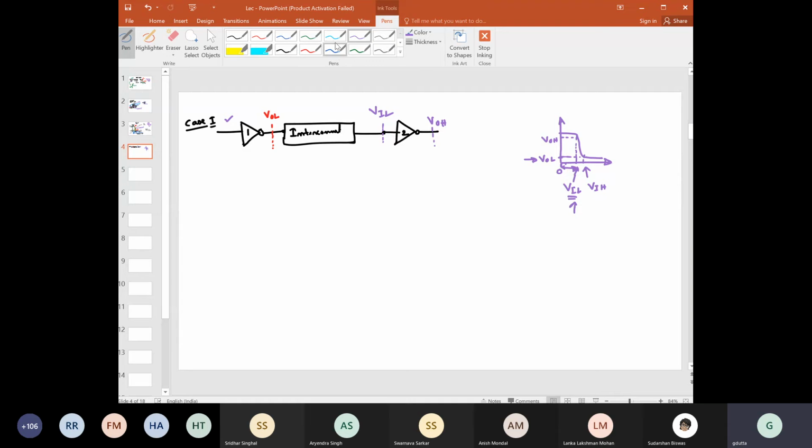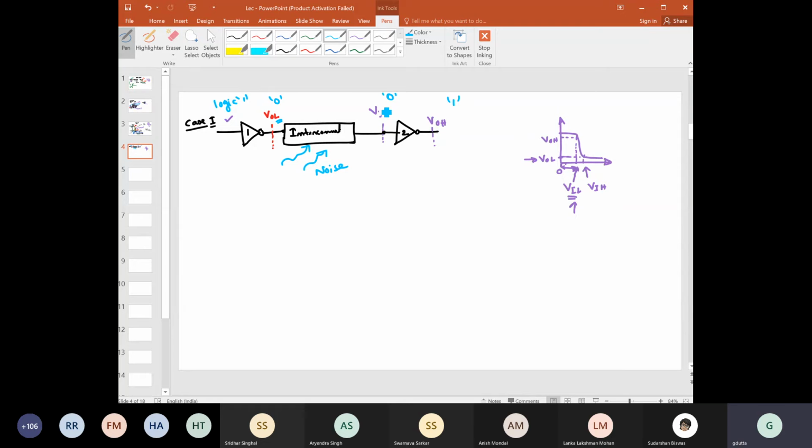Now say that due to the presence of noise in between, noise is introduced in this system, and this value of VOL has changed to some other value. But if you want the logic operation to be correct, meaning you have given logic 1 here, then you are expecting logic 0, then here logic 0, then here logic 1, then this output VOL should not cross the value of VIL.